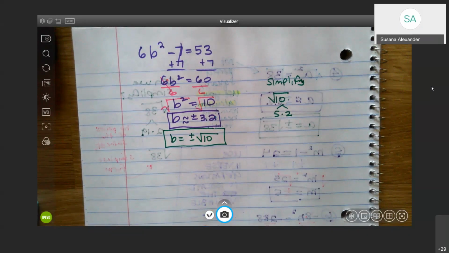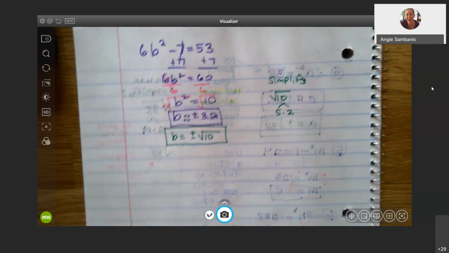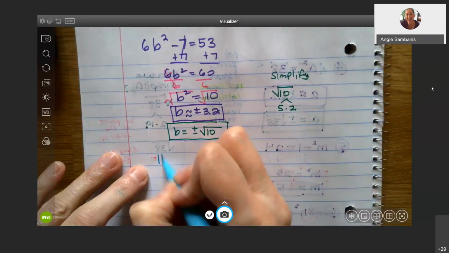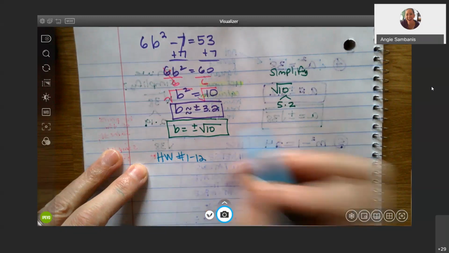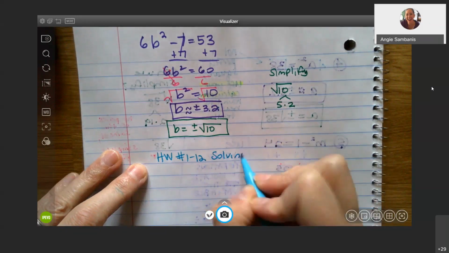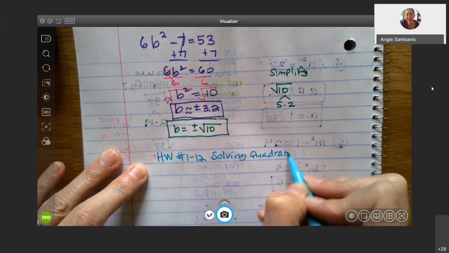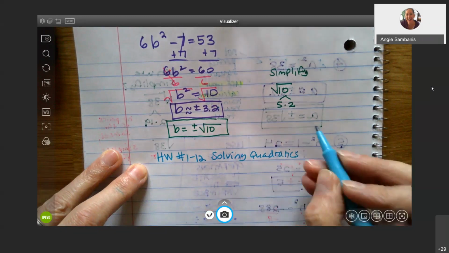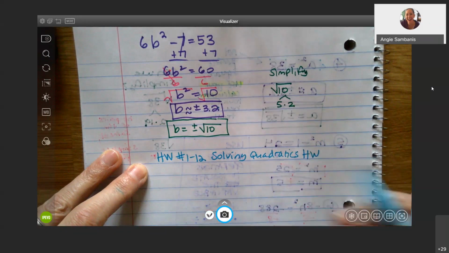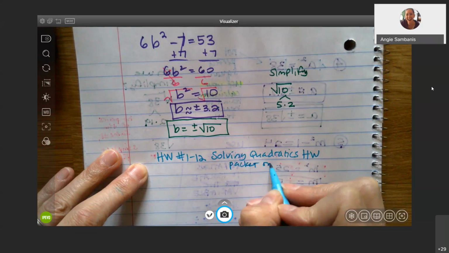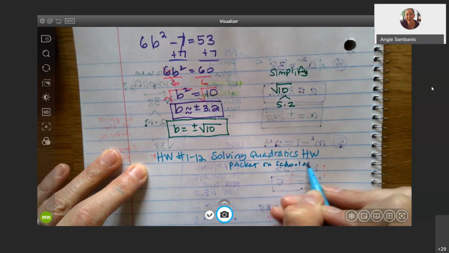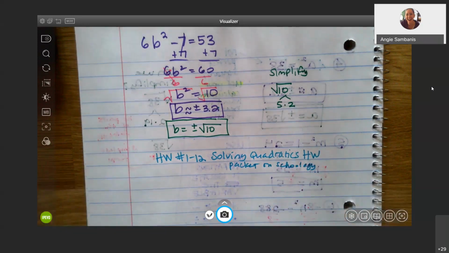Oh yeah, we're done. So your homework is just numbers 1 through 12 in the solving quadratics homework document on Schoology. You can just show your work on a separate sheet of paper.